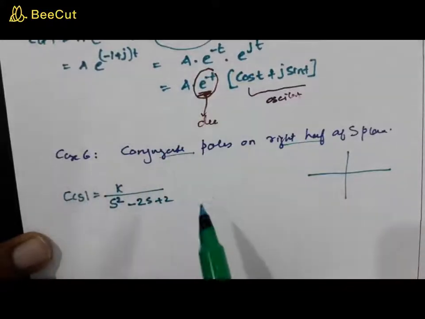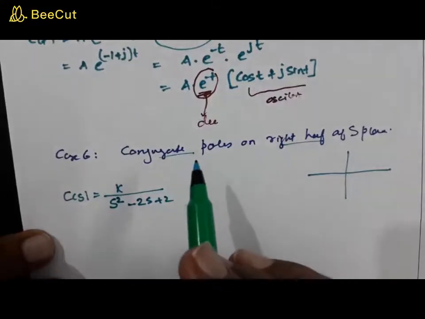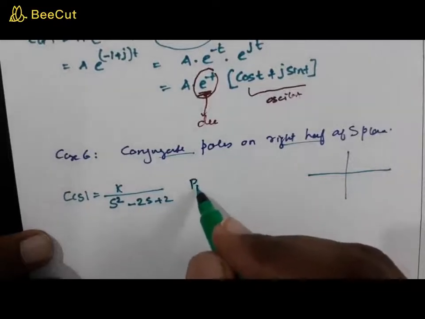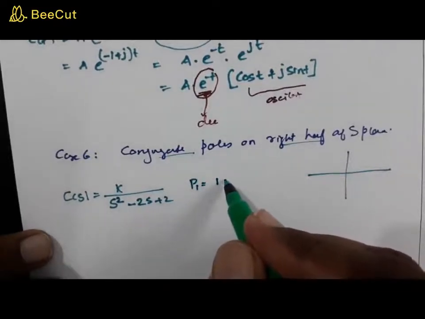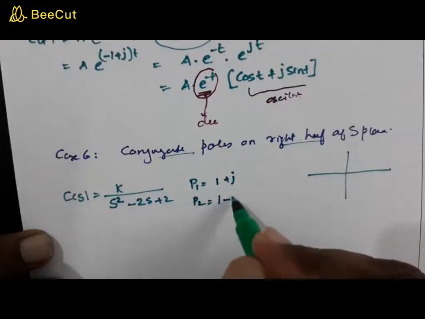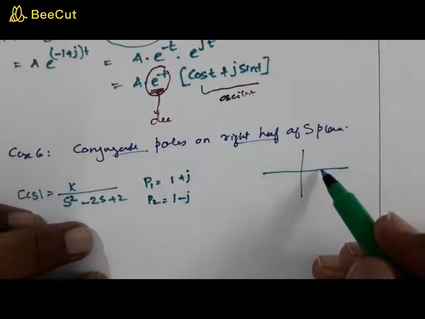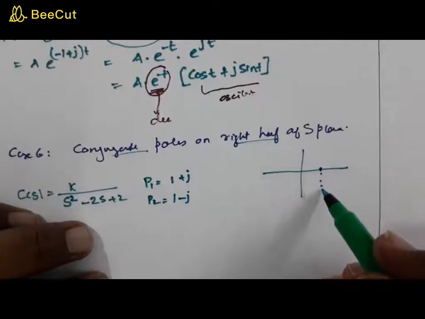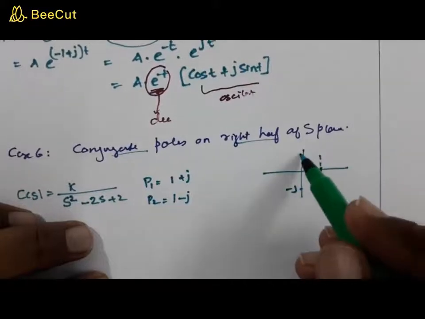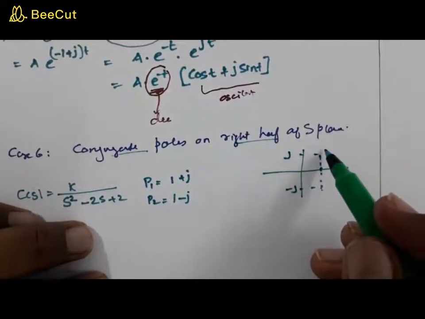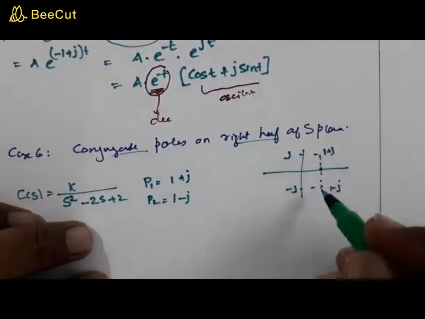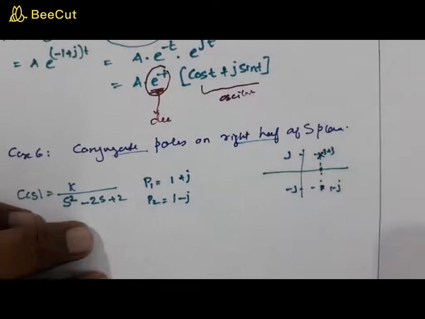So when you take b square minus 4ac, you're going to get the poles p1 to be 1 plus j and p2 to be 1 minus j. So this 1 comes on the right hand side, this will be minus j, this will be plus j. So this point is 1 plus j and this is 1 minus j. So you have the poles at this location.